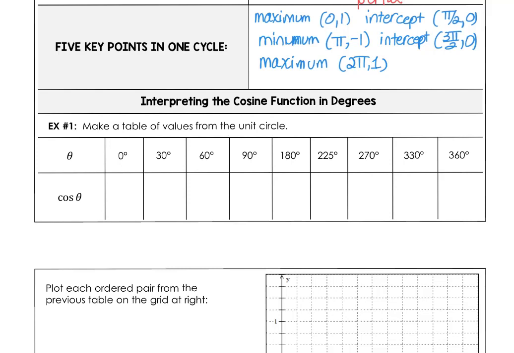So the cosine at 0 degrees is 1, and the cosine of 30 degrees is square root of 3 over 2, that's 0.87. 60 degrees is a half, 90 degrees is 0, 180 is negative 1, 225 is negative 0.71, 270 is 0, 330 is 0.87, and 360 is 1.